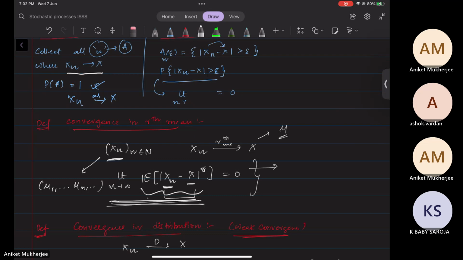So instead of looking at randomness, I'm looking at real numbers, which I can work with very easily. Real number convergence, I know. So what all things can I extract given a random variable? I can extract the mean out. So let me extract the mean out and say how far the sequence of means are from each other. So now I create a new sequence, mu1 minus mu1, mu2.